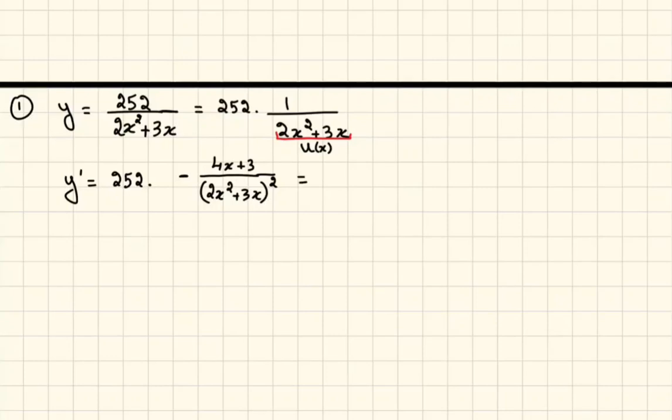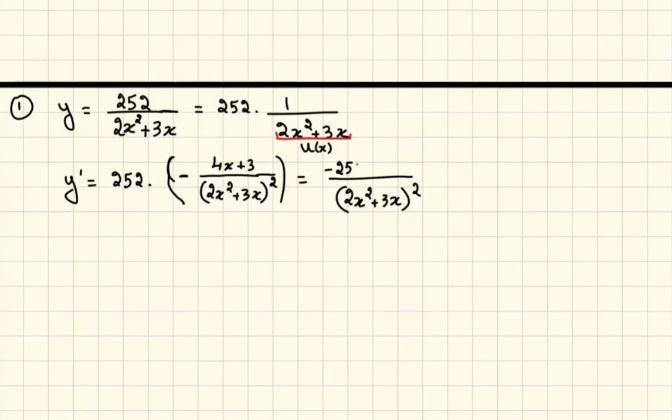Now, if you want to simplify more, here you're multiplying the whole thing by 252. So you can distribute the 252 over the numerator. So 252 times the negative sign is minus 252, multiplied by the 4x plus 3.